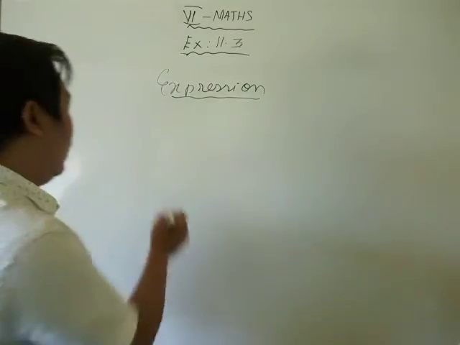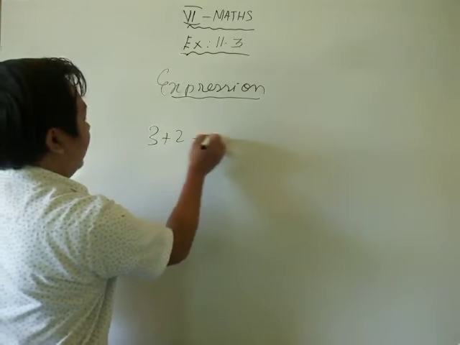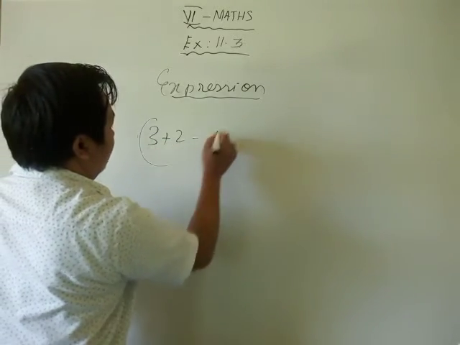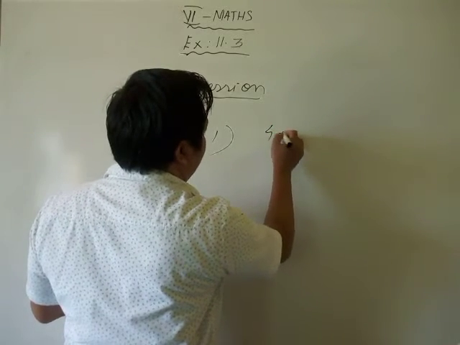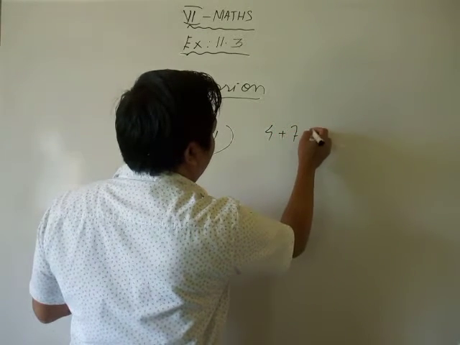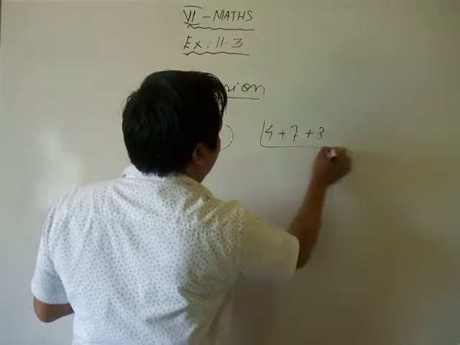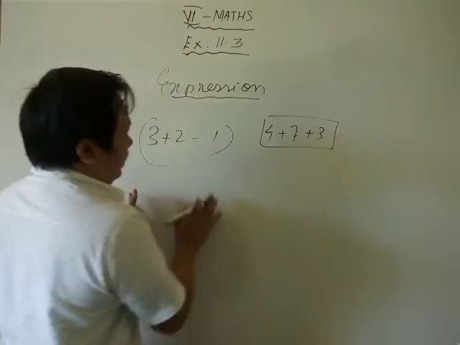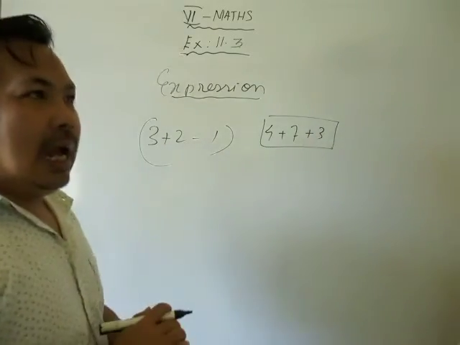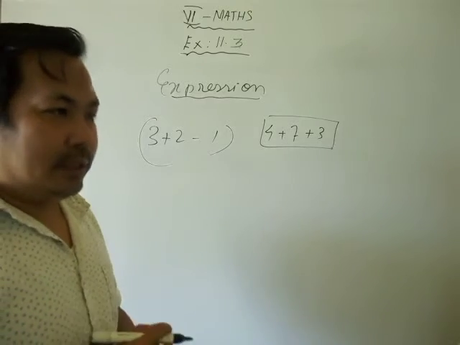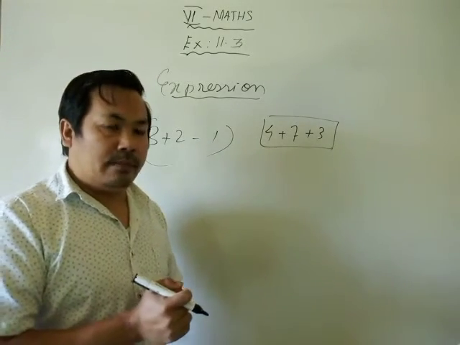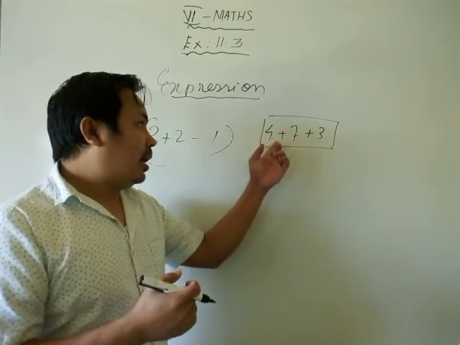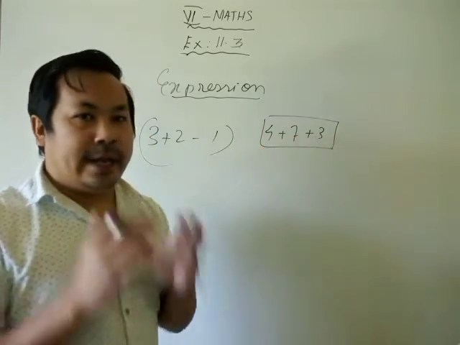For example, 3 plus 2 minus 1 is one expression, or 4 plus 7 plus 3 is another expression. They are called expressions, meaning numbers with operations.